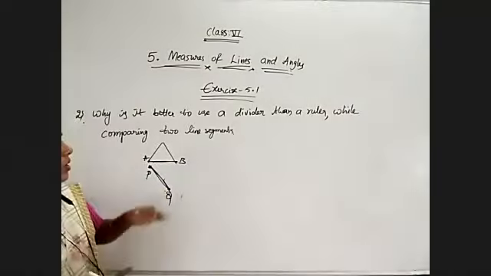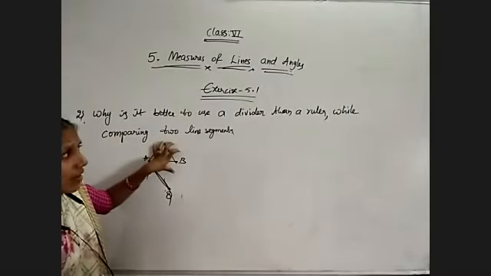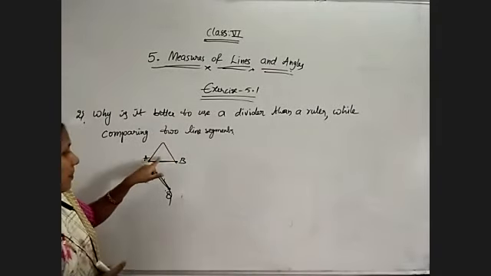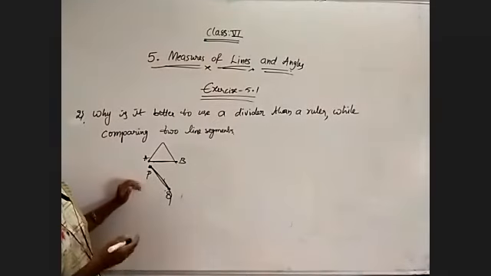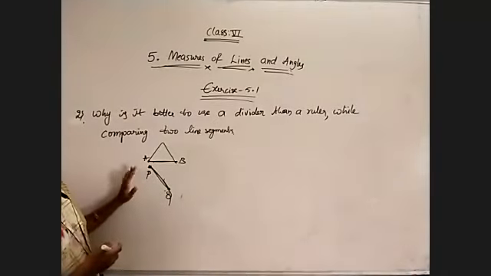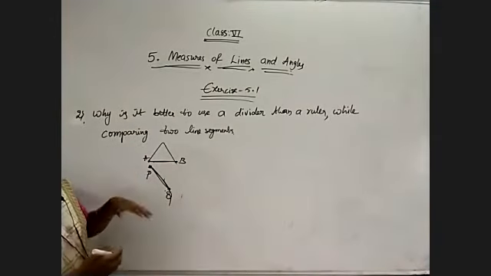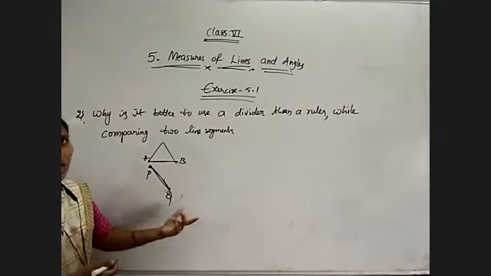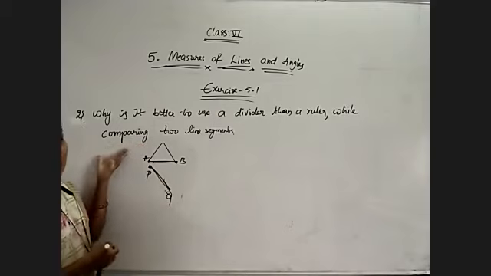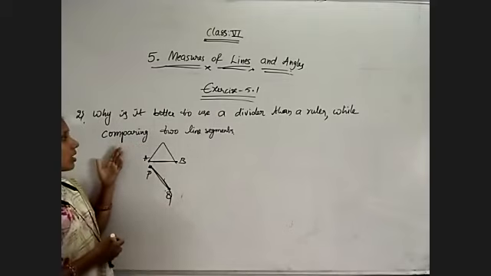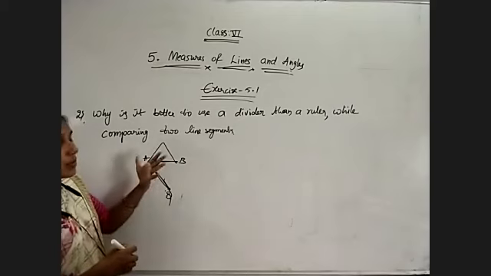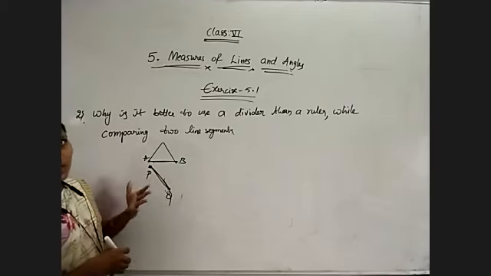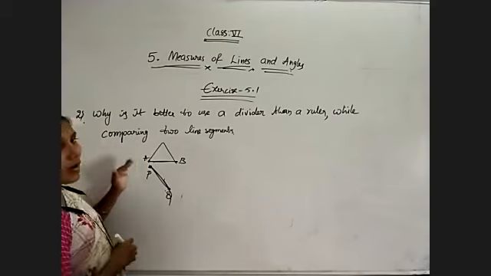Yes or no? So, while we are measuring the length, AB separately, PQ separately, and then comparing, it will take lots of time. But coming to the divider, it will be easy to use as well as easy to decide what the relation between those two line segments is. So now what is the answer?